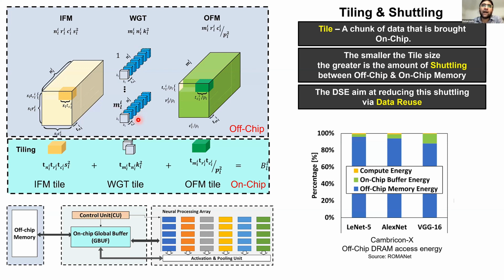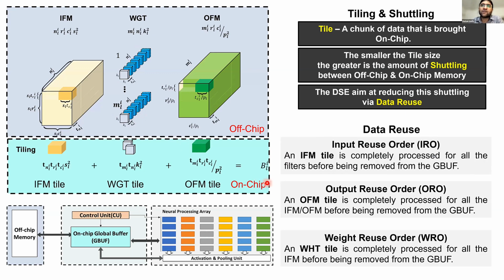And since we do consider, okay, so if we just want to highlight it once. For the case of multi-layer fusion, there's only one restriction. As an example, if layer 1 and layer 2 are being fused, then layer 1's reuse order has to be output reuse order, and layer 2's reuse order has to be the input reuse order.